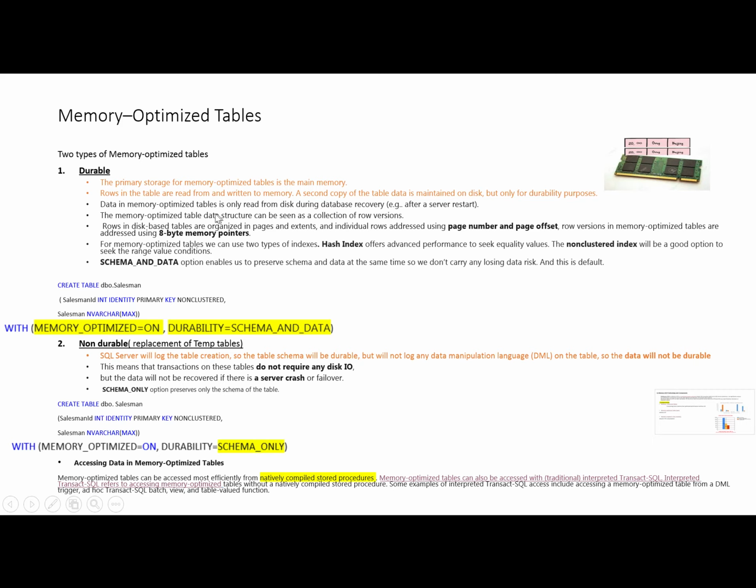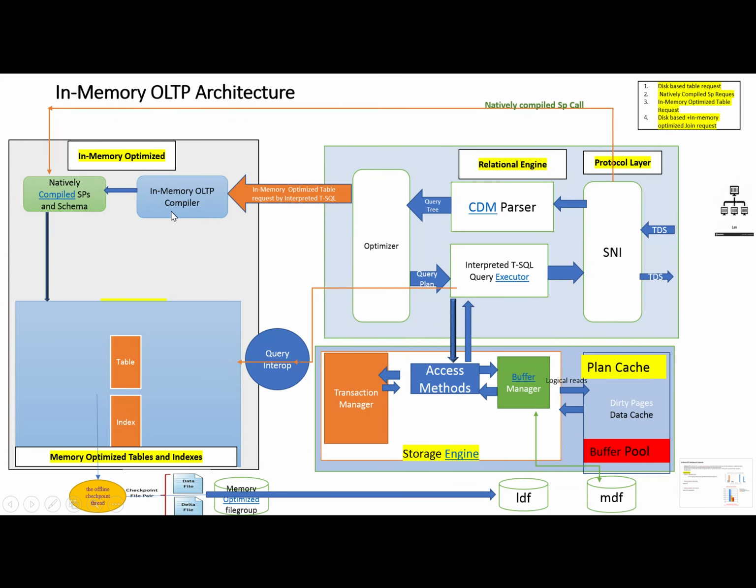And how can we access these tables? We can access them in two ways: either through native compiled stored procedures, or through the usual Transact-SQL statements. If we access them by T-SQL statements, there are performance gains.